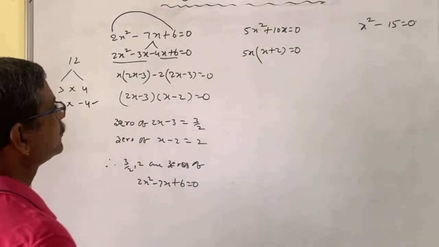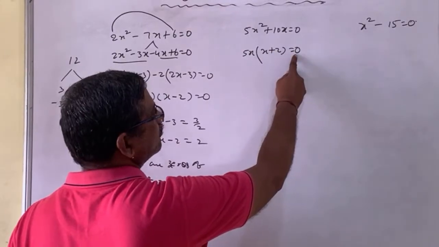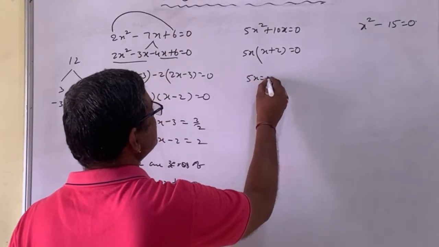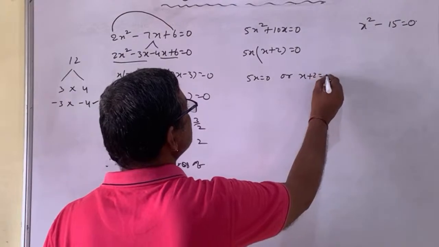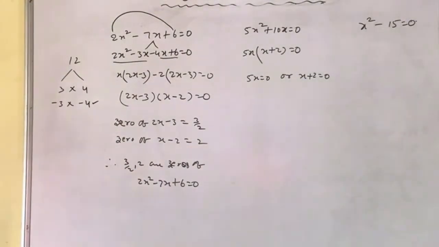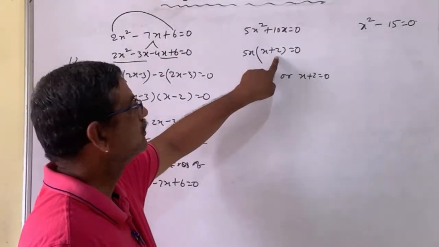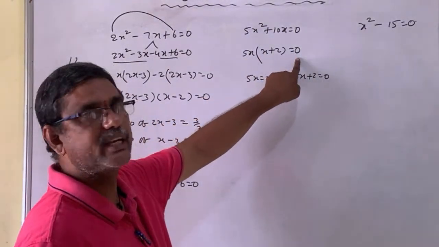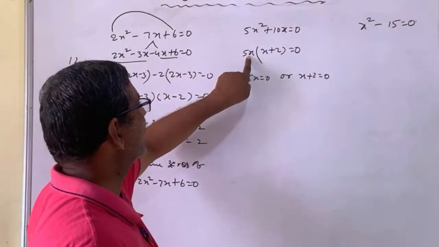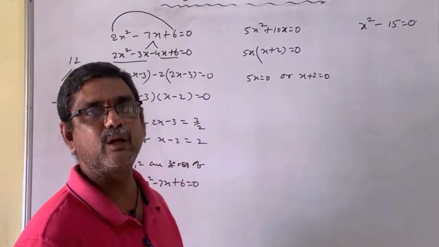So 5x into x plus 2 is 0. That means either 5x is 0 or x plus 2 is 0.